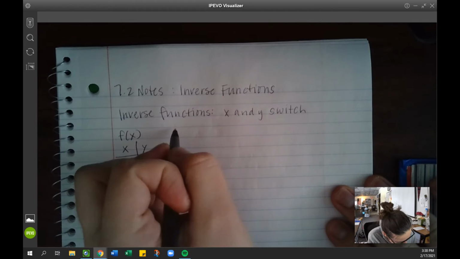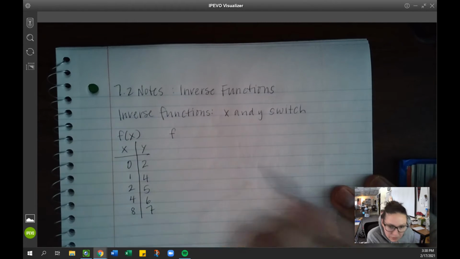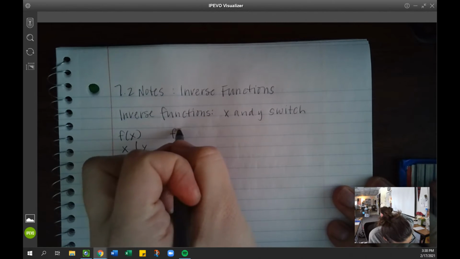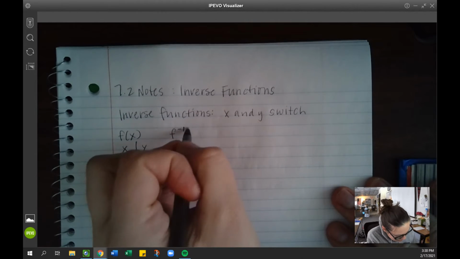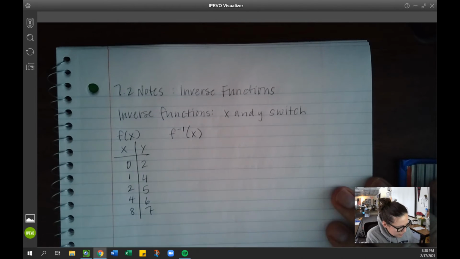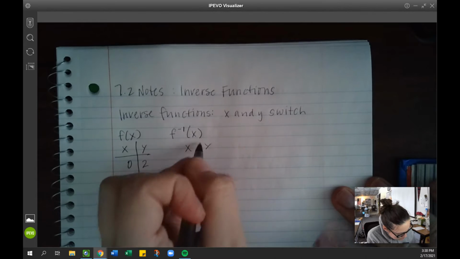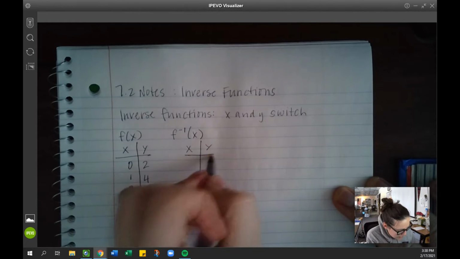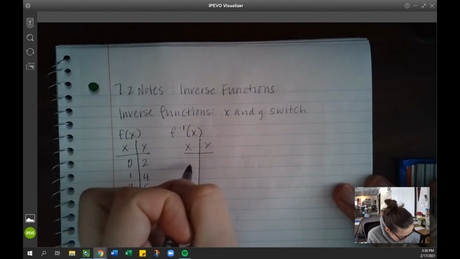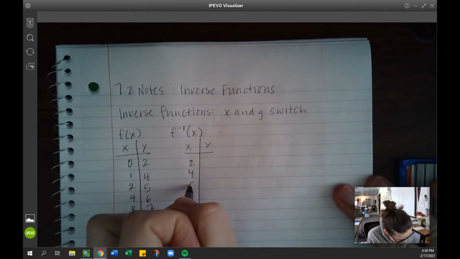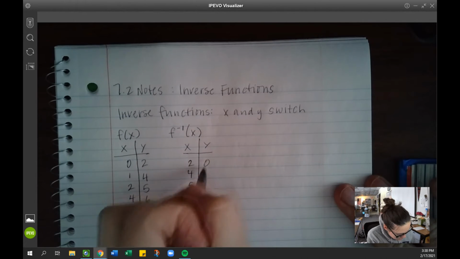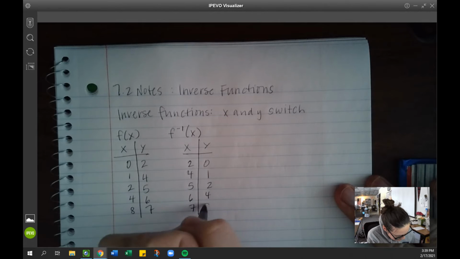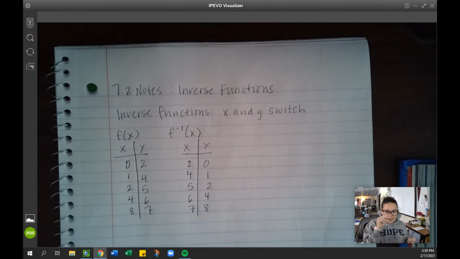Then that means that the inverse, and this is how we write it, we write f almost like it has an exponent of -1. And we call that f inverse of x. Then f inverse would be 2, 4, 5, 6, 7 for the x's, and 0, 1, 2, 4, 8 for the y's.